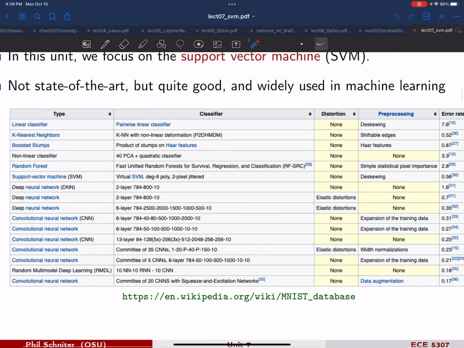And then these are all versions of neural networks. And you can see like the best one in the table is 0.17. So the whole point here is that 0.56 is actually not too bad, right? It's like a factor of 3 above the best one in the table, which is basically a committee of 20 CNNs where you kind of vote on the output of all these 20.